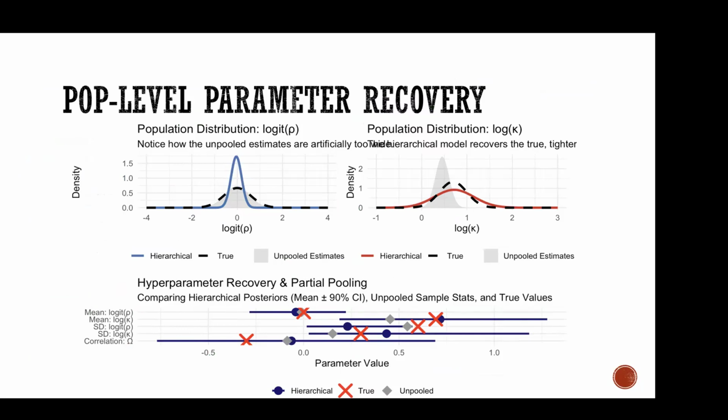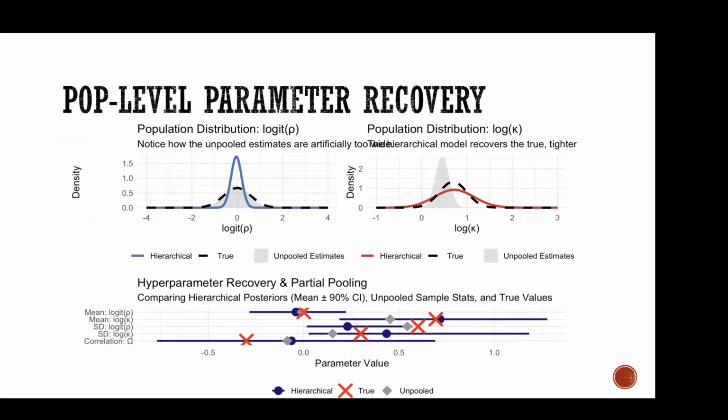So up here, we're looking at a true population mean for rho, which is the dashed black. The unpooled estimates are where we fit the single agent models to each agent separately, and then we take a mean. And we get something that's pretty much spot on, right?